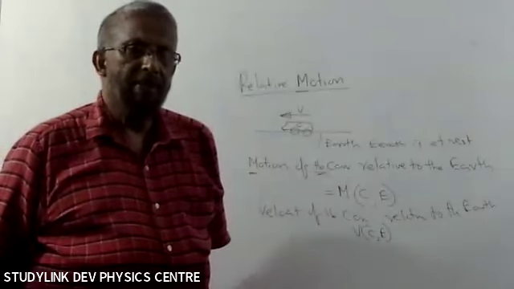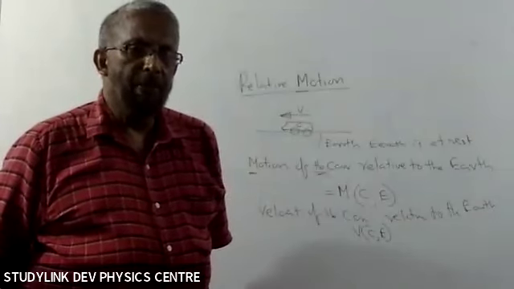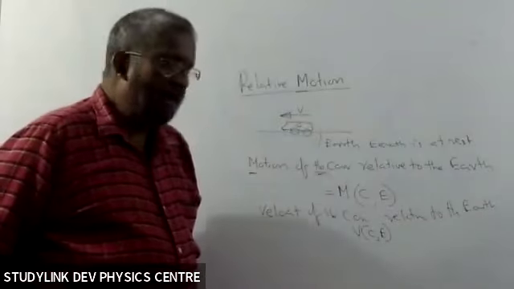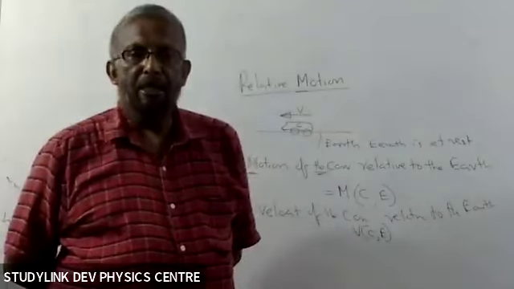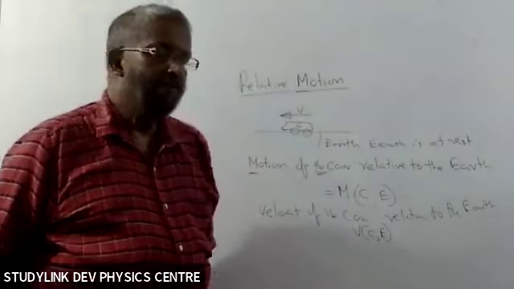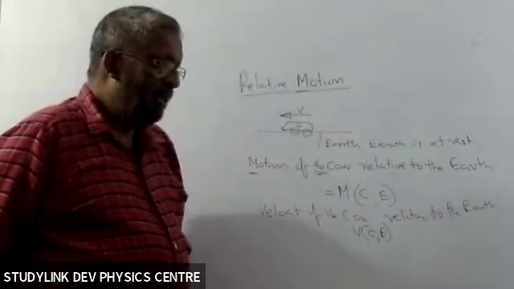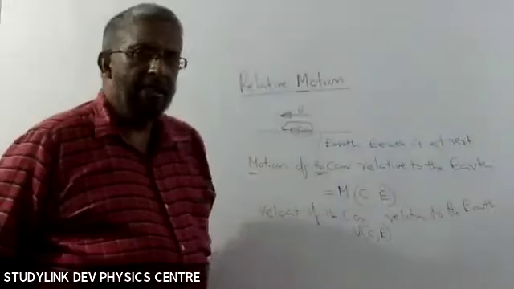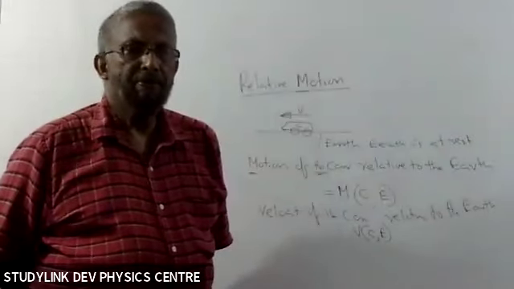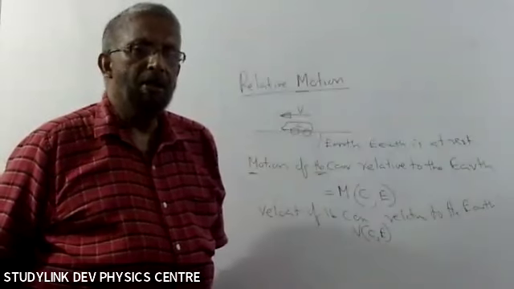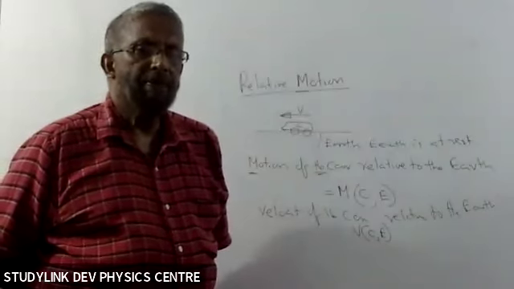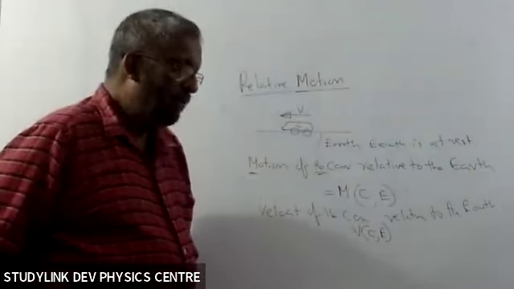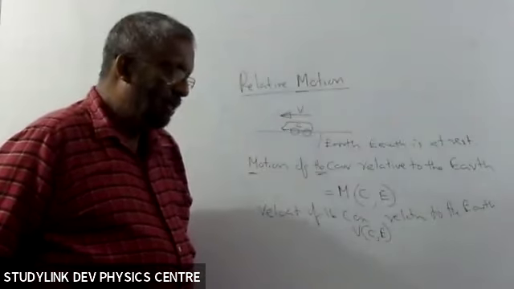If you consider the motion of any object on the Earth, considering the Earth, that is called the relative motion of the object with respect to the Earth.